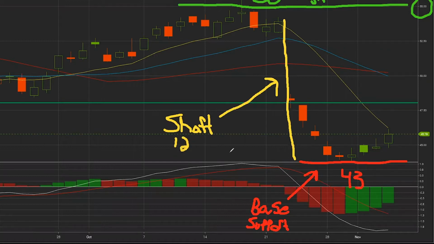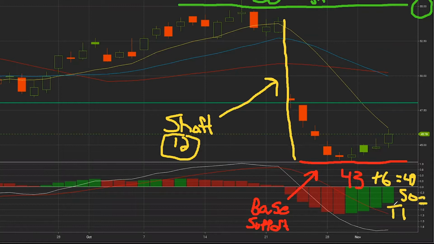So now we take half of that shaft and add it to our base support. Half of the shaft is 6. So we plus 6, that equals 49. But we'll say we're going to use 50 as our target because I always like using round numbers. So we'll say 50 is going to be our T1 area.